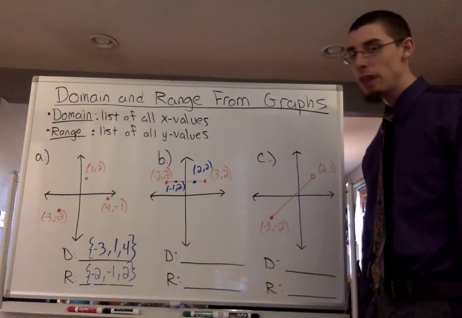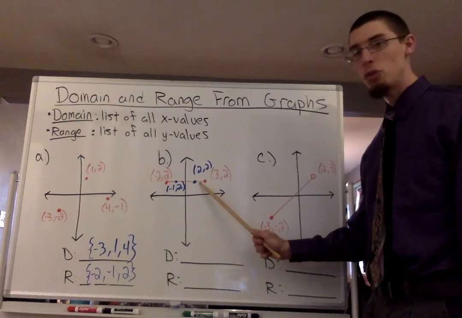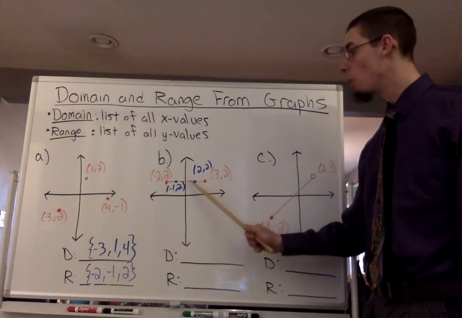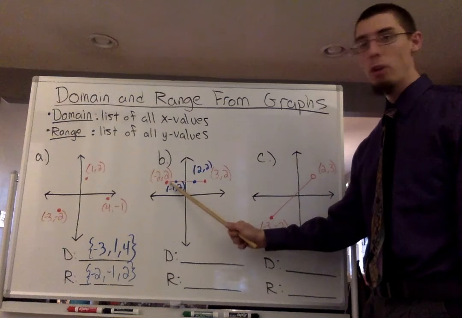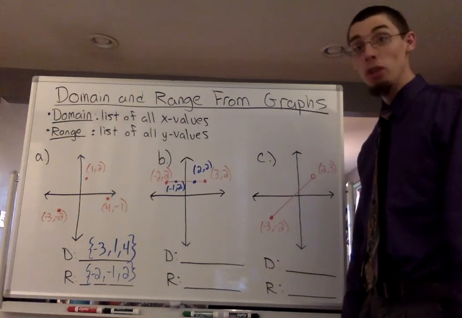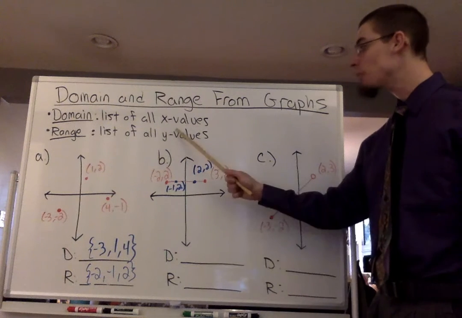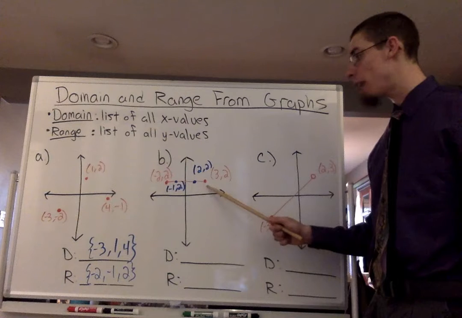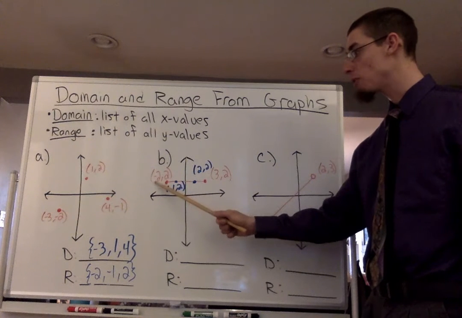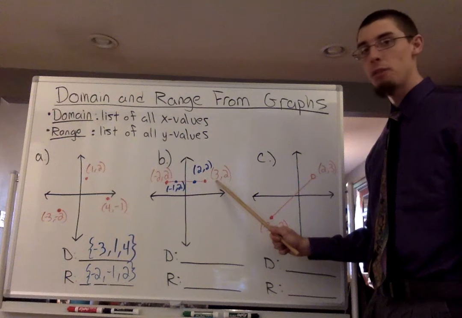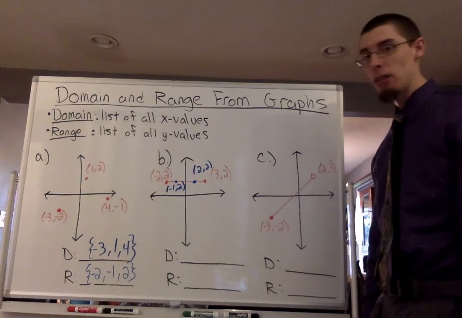Those aren't the only x values, though, because you'd also get x values like 2.5 or 0.5 or negative 1.5 or any decimal in between. So your x values for this graph would be every x value from negative 2 to positive 3. Now, I can't write that out.